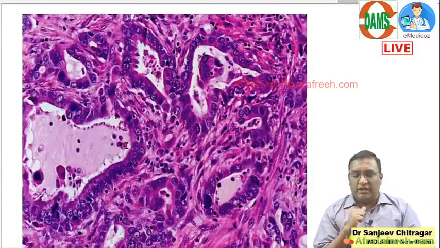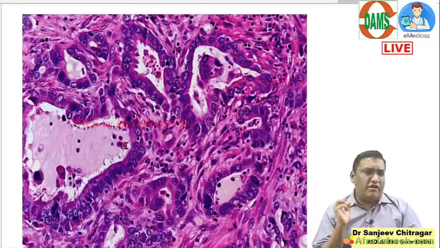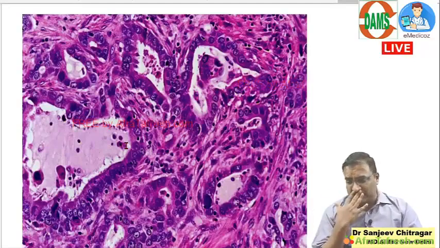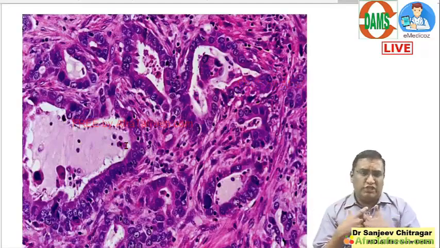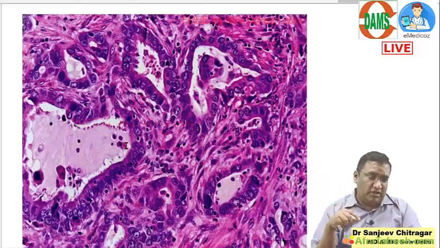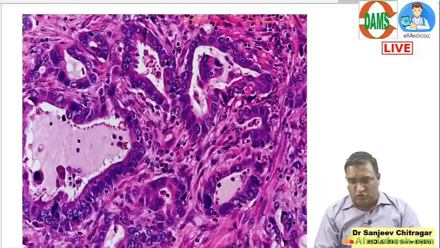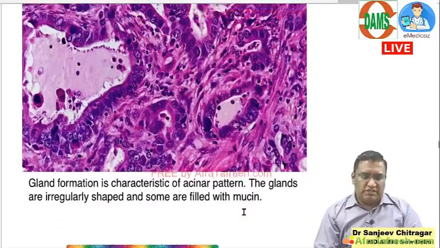For mesothelioma, they would give you a hint of asbestos, which is a cancer causing agent for mesothelioma. Not as a marker, it will be a biphasic tumor. So both gland formation and spindle cells will be seen in mesothelioma. Okay, so this is lung.